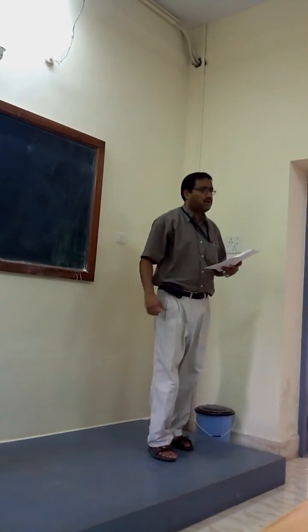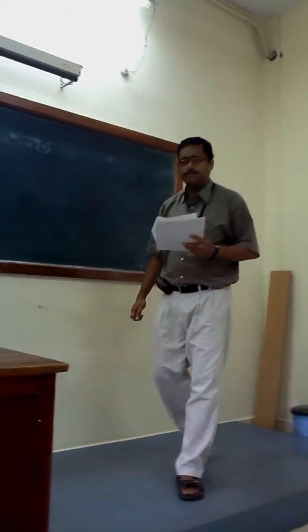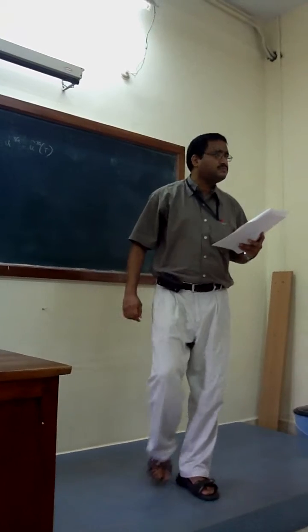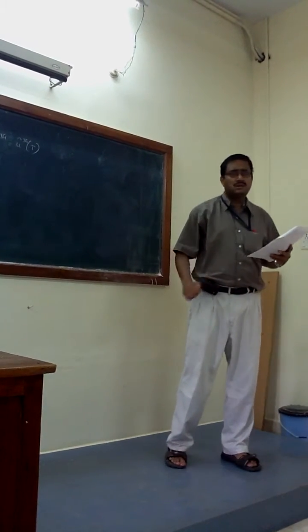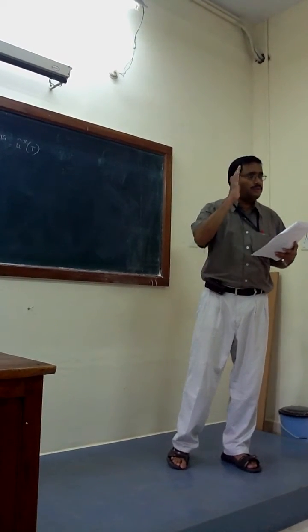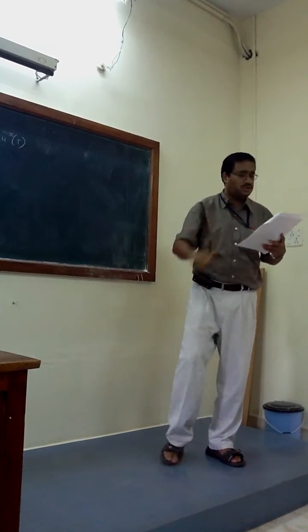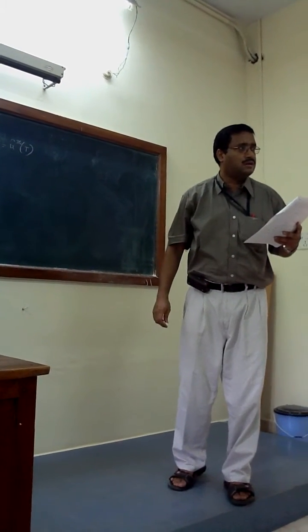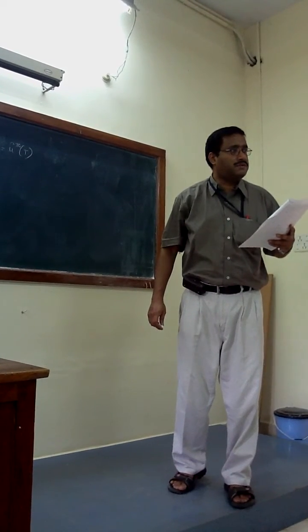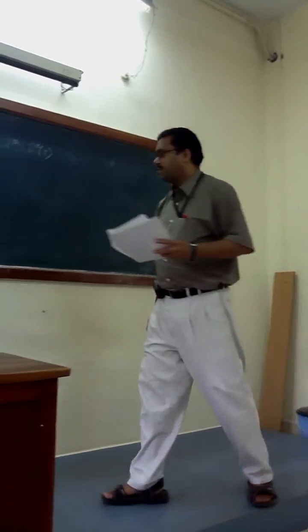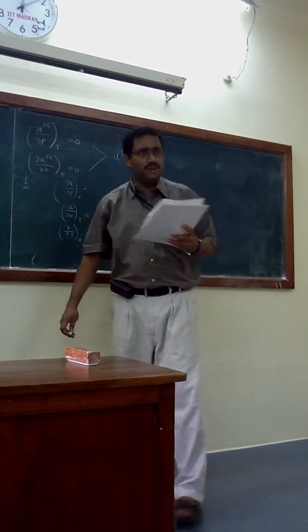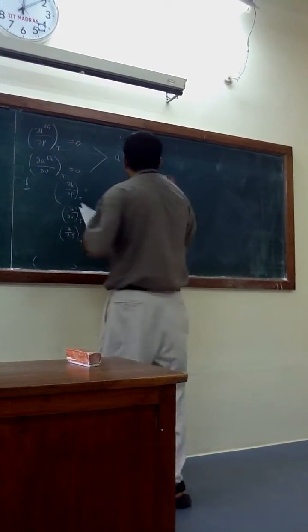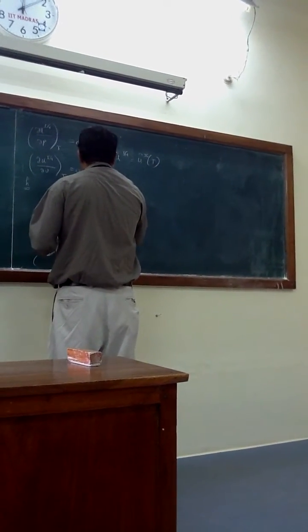It was done in previous classes. The answer is V times (1 minus T beta).